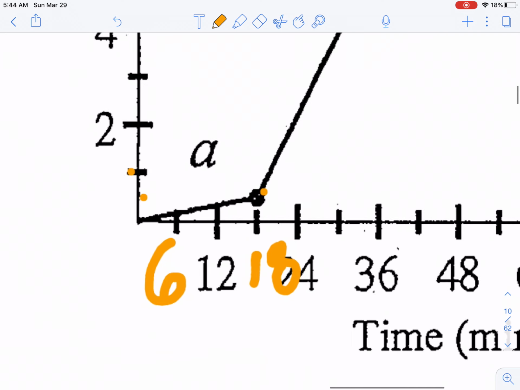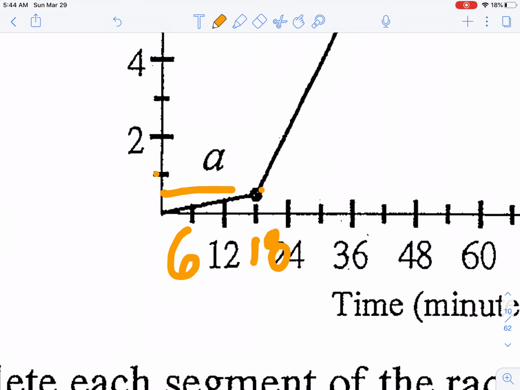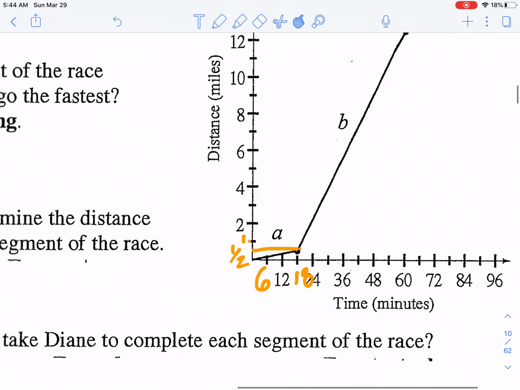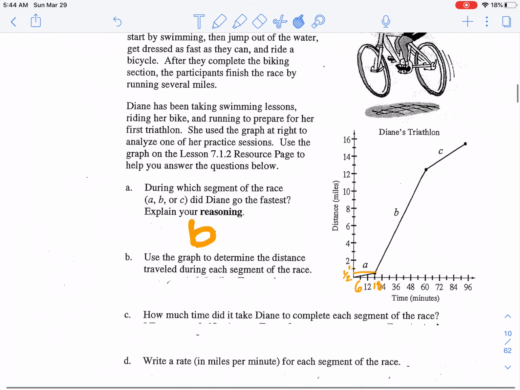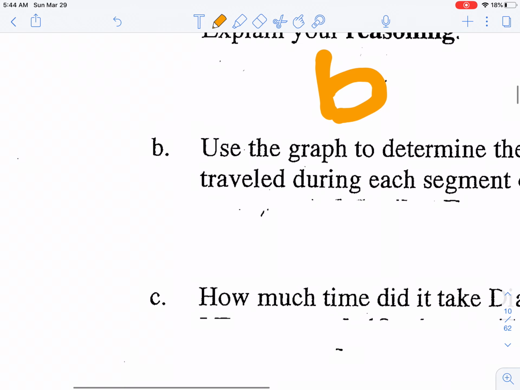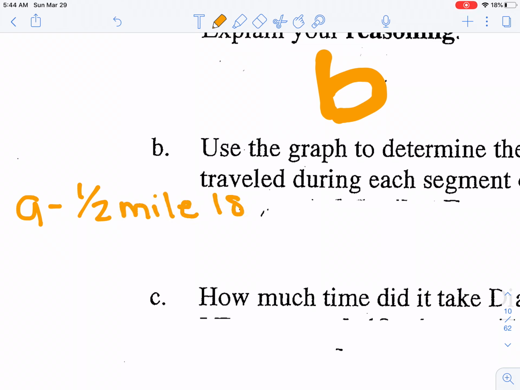I'm going to blow this up a little more. If this is 1, I'm going to say that this is a half. So in section A, she went a half mile in 18 minutes.